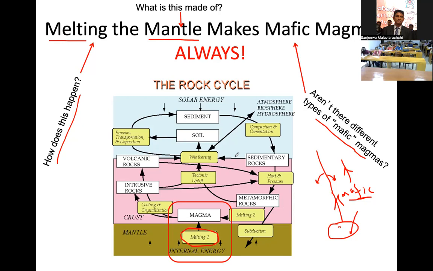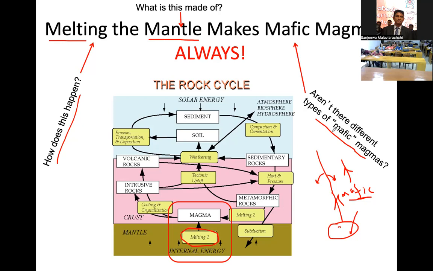Anyway, the majority of mantle melts formed are mafic magmas, and finally they can be fractionated or differentiated into silicic or felsic magmas, right? Mafic magmas are dark because they have iron- and magnesium-rich compositions.